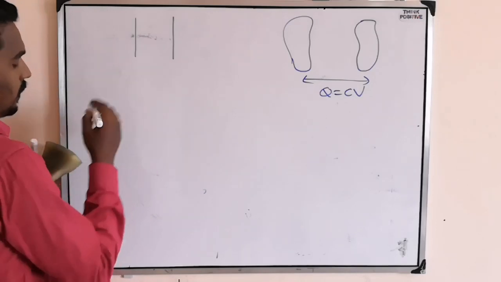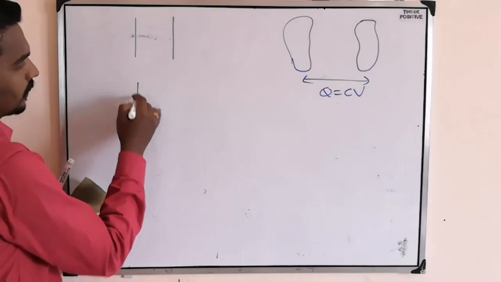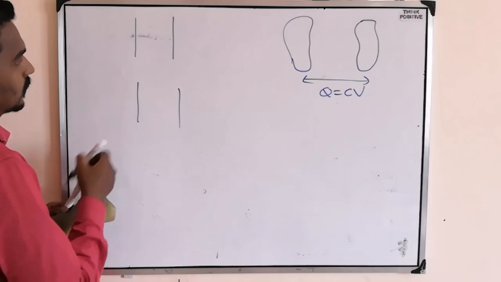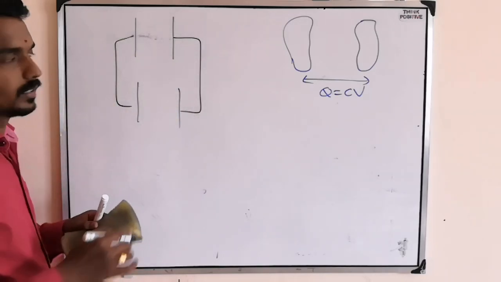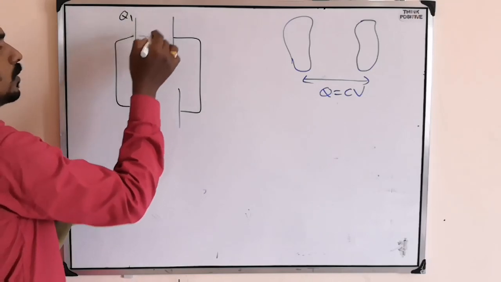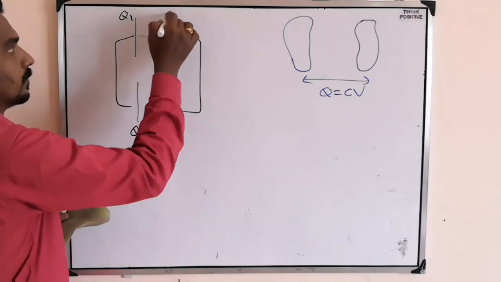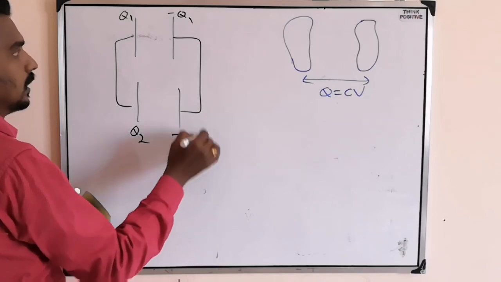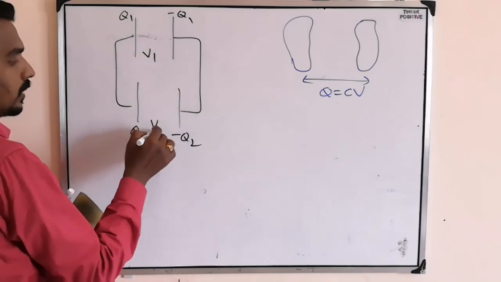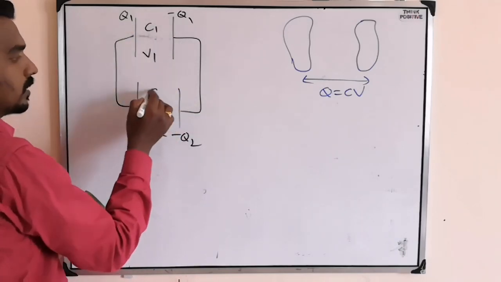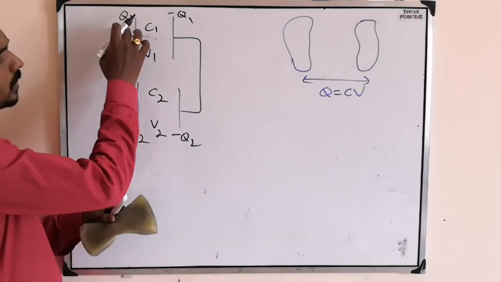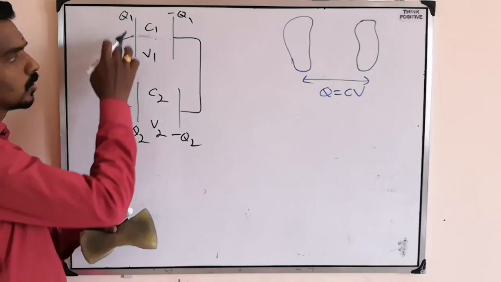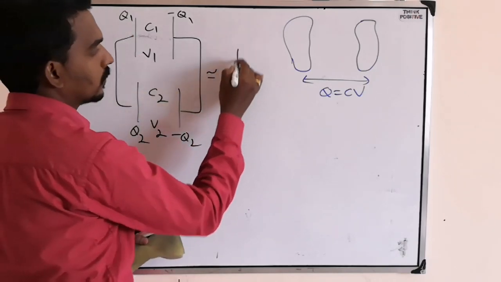Now in a similar way, when you consider the combination, here these two connected, let's take here charge Q1, here charge Q2, here potential difference V1, here V2, here capacitance C1, C2. Now what will the total charge become? Q1 plus Q2.